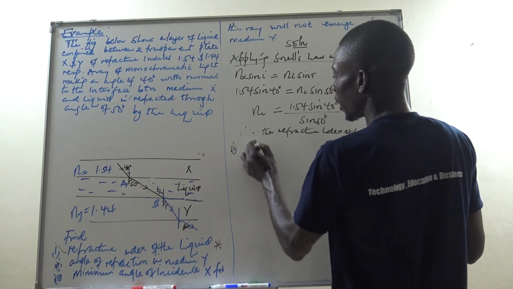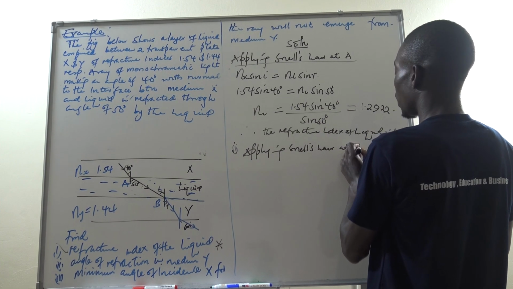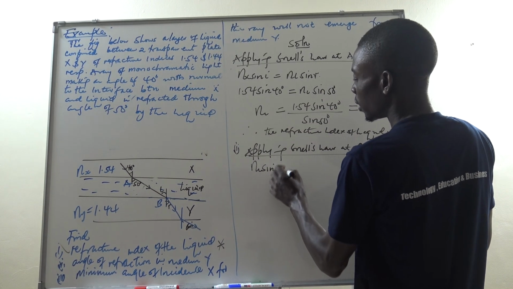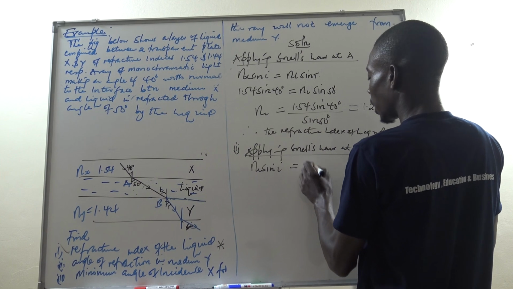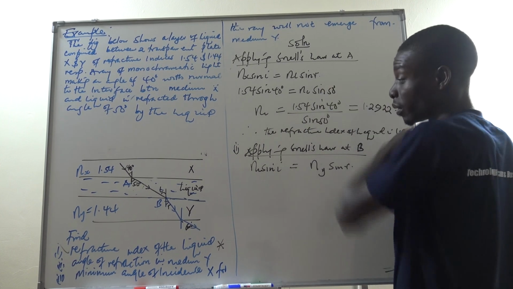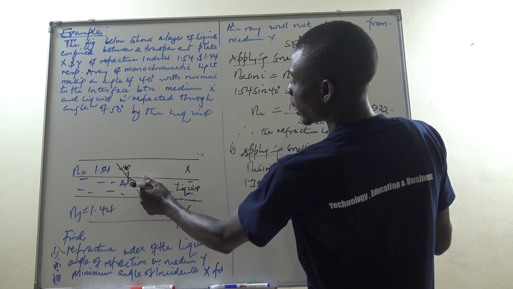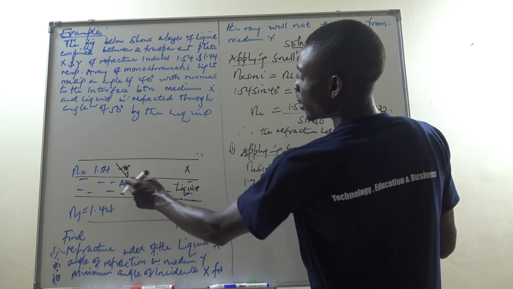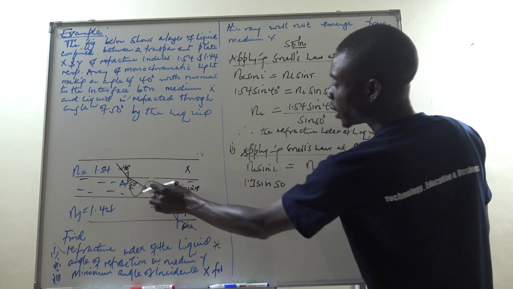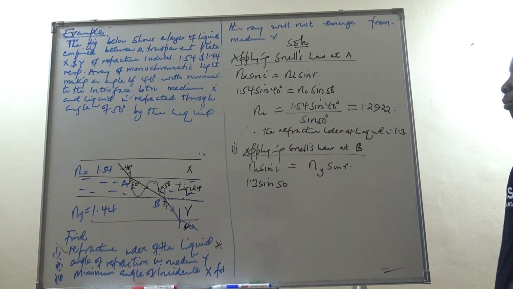Therefore, we shall apply Snell's law at B, and that will tell us that we have refractive index of liquid, sine of I in the liquid should be equaling to refractive index of media Y, sine of R, and that will tell us refractive index is 1.3 sine I. We are in the liquid here, so we are saying that this angle here is the same as I, 50, so that is equivalent to 50.